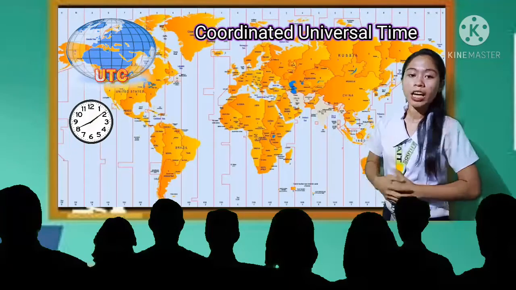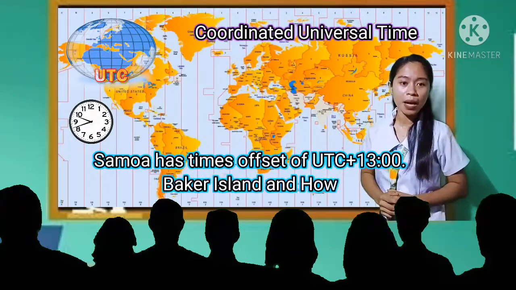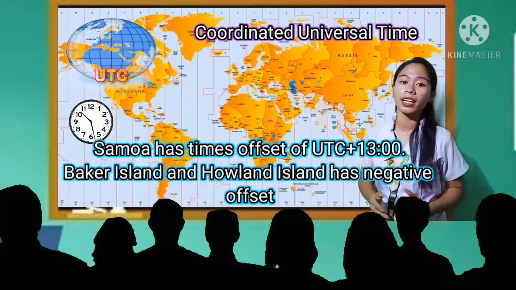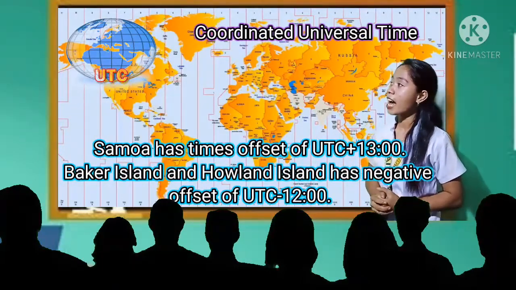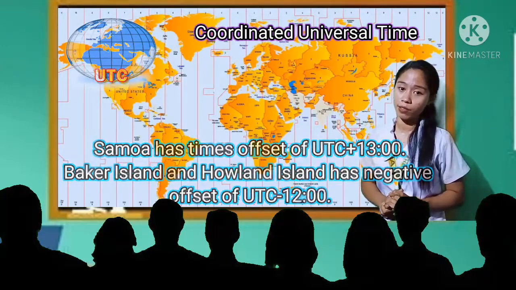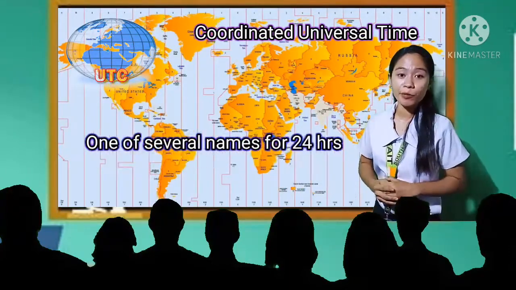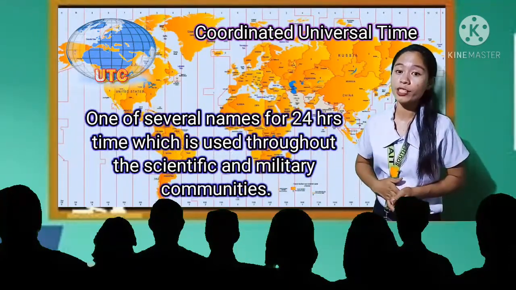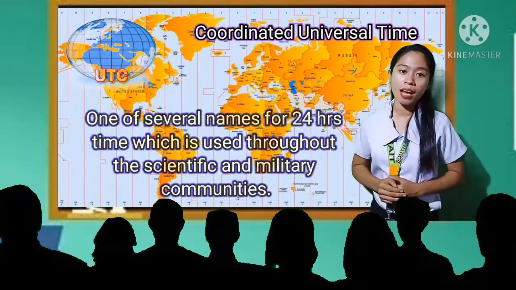For example, Samoa has a time offset of UTC plus 13. Baker Island and Howland Island, on the other hand, have a negative offset of UTC minus 12. The differences in time between the various countries on Earth can be huge. Universal Time Coordinated is one of several names for the 24-hour time, which is used throughout the scientific and military communities.